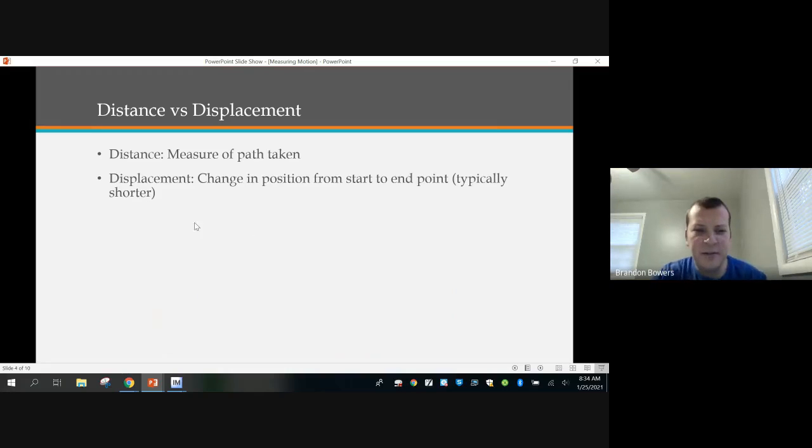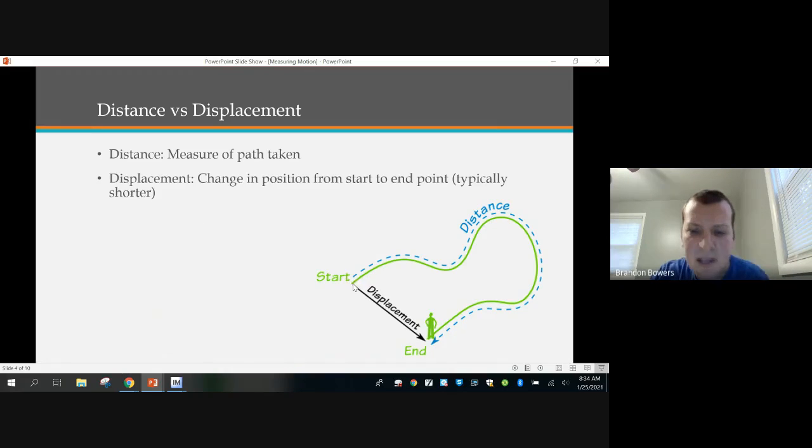I have a little picture here. So if we start here and we go on the path, that's our distance. It's the measure of the path taken. Whereas displacement is the change in position from the start to the end.